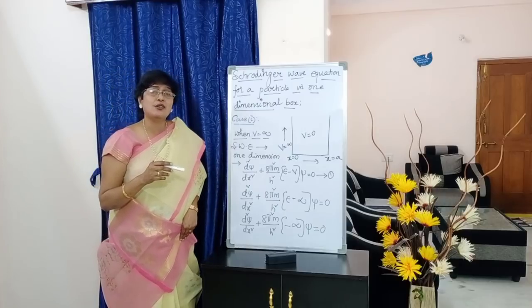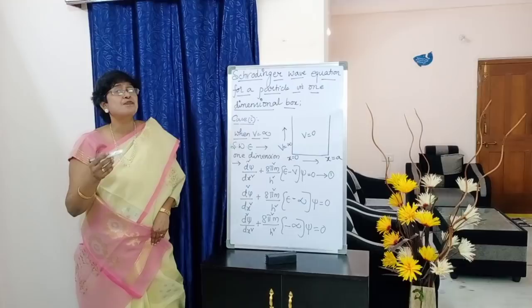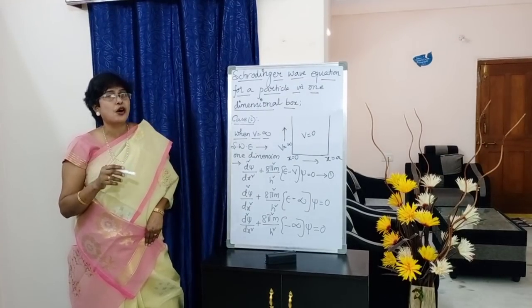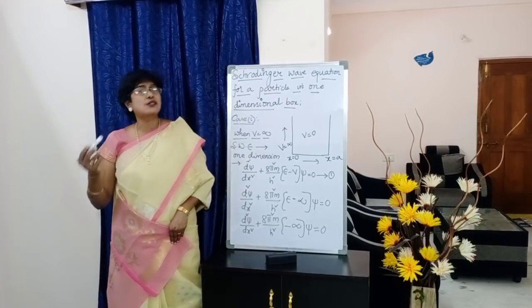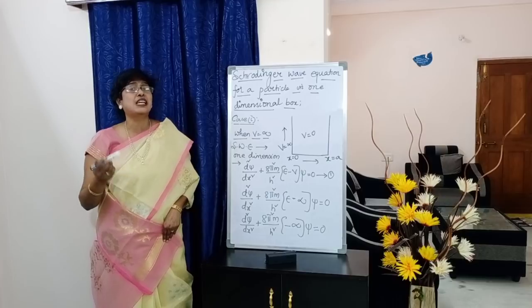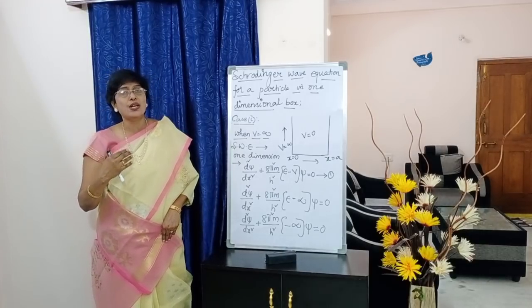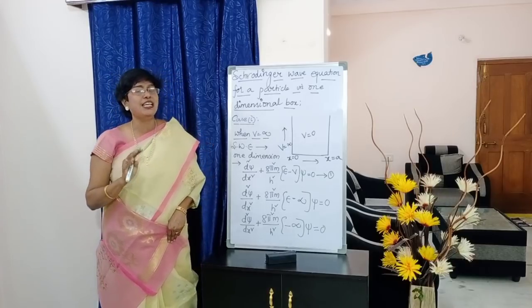If the free electron tries to reach the walls, it cannot escape from the box, because its potential energy on the walls and outside the box is infinity. As soon as it reaches the walls, it is reflected back into the box.